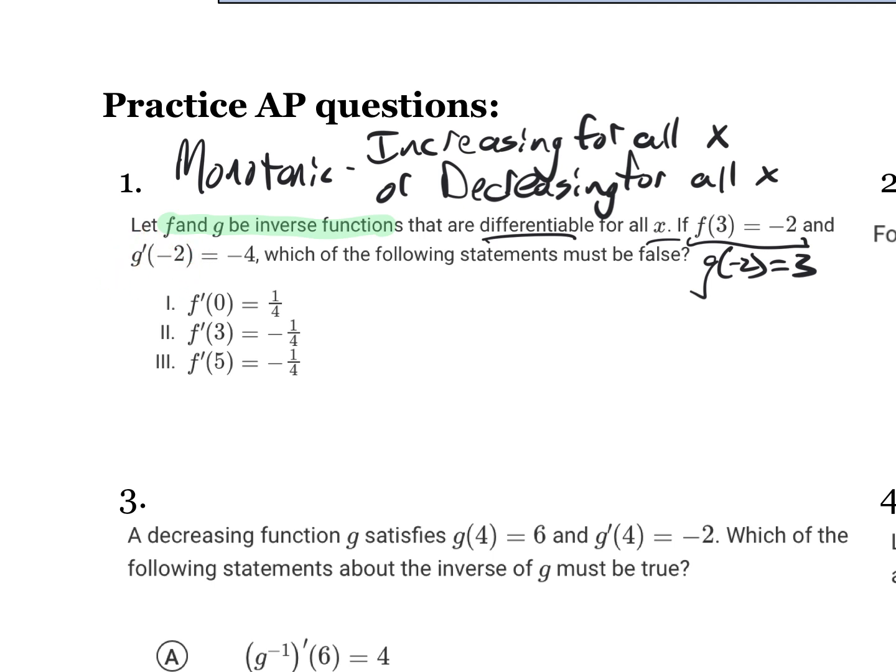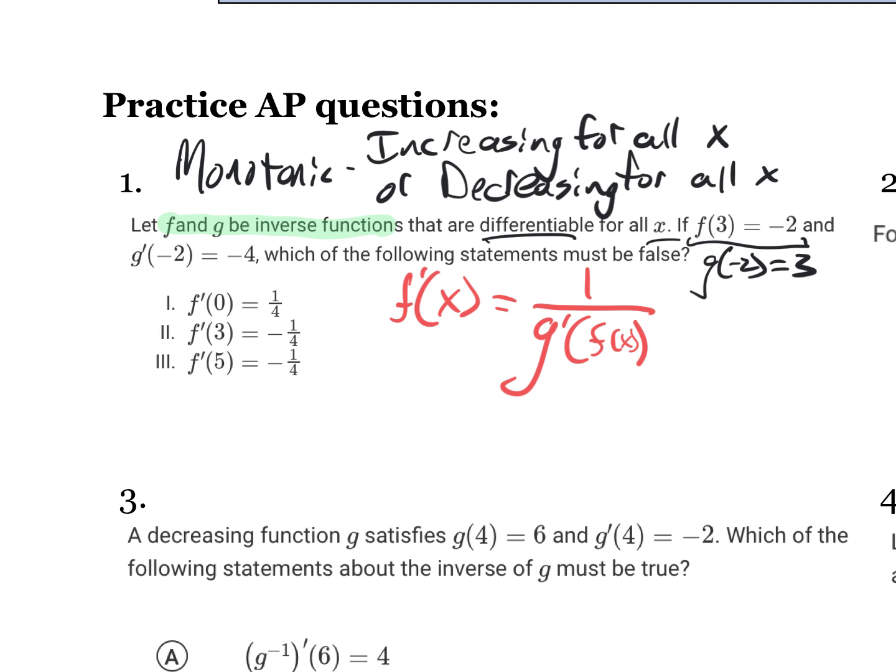What we don't know is the derivative of f. So we're going to write our rule here. The derivative of f is the reciprocal, or 1 over, the derivative of g composed with f of x. Again, we're putting the y value, the f of x value, into the derivative of g.